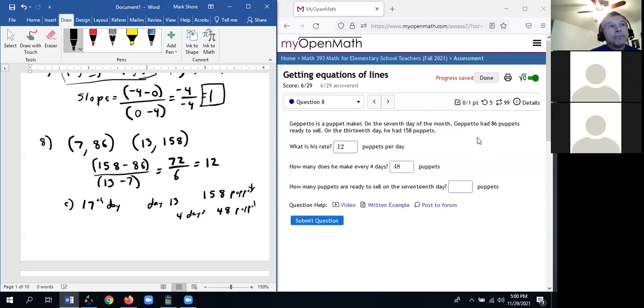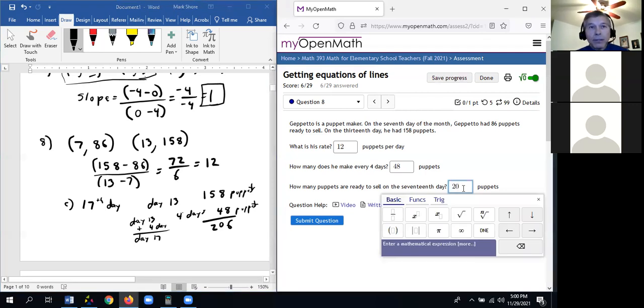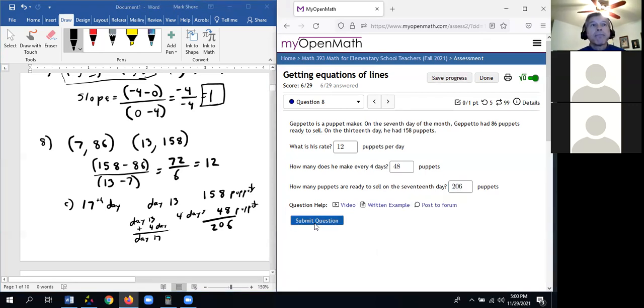Now, why is that helpful? Because day 13 plus 4 more days gets you to the day we were looking for, day 17. So if we just add these up, we get 206. And that's how many puppets he would have on that day, 206 puppets.